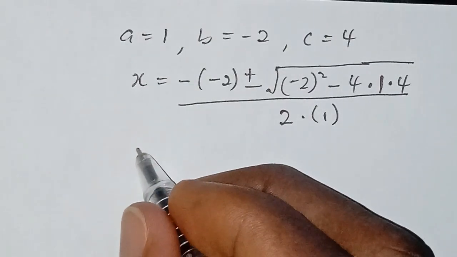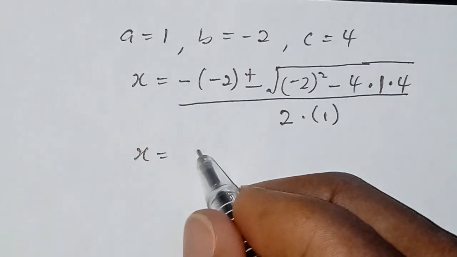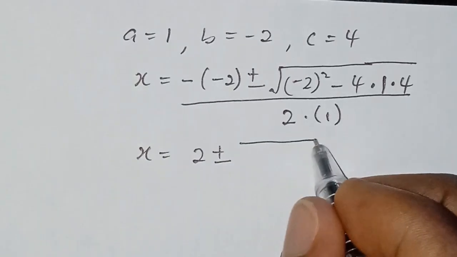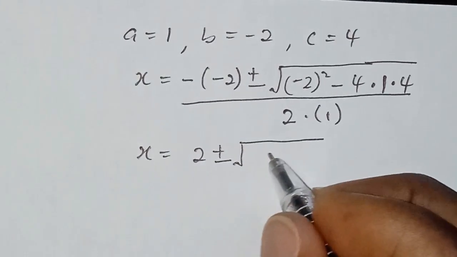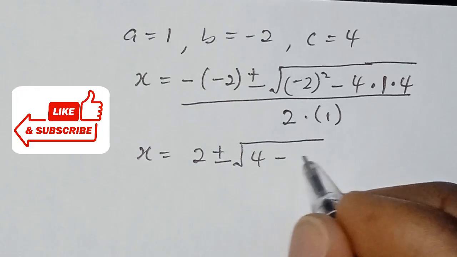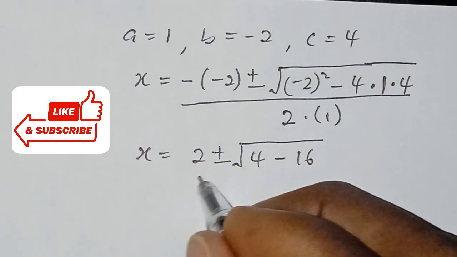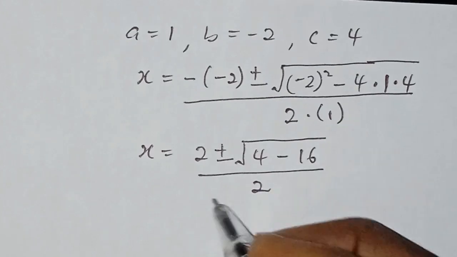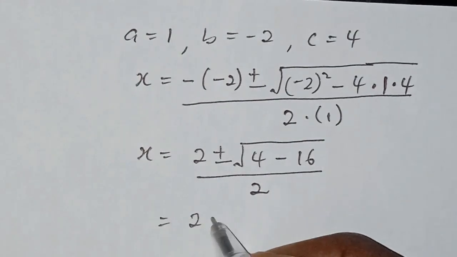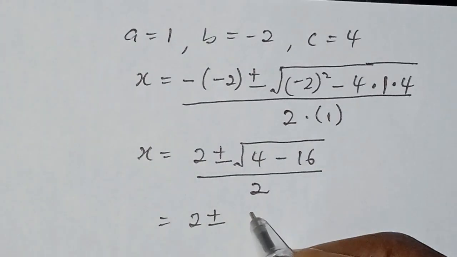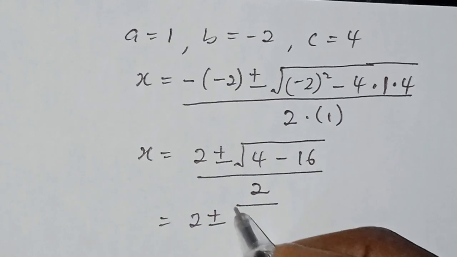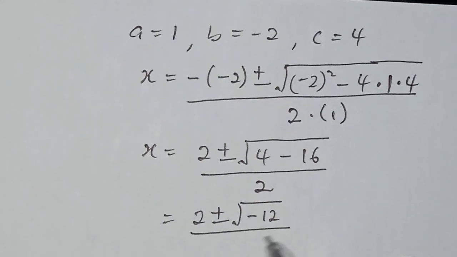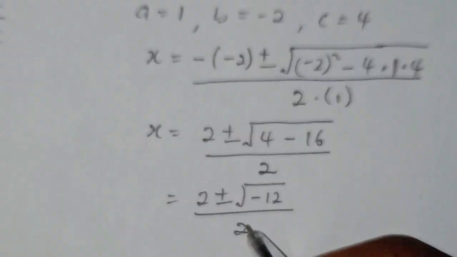So this can be expressed as 2 plus or minus square root of 4 minus 16 over 2. And here we are going to have 2 plus or minus square root of minus 12 over 2.